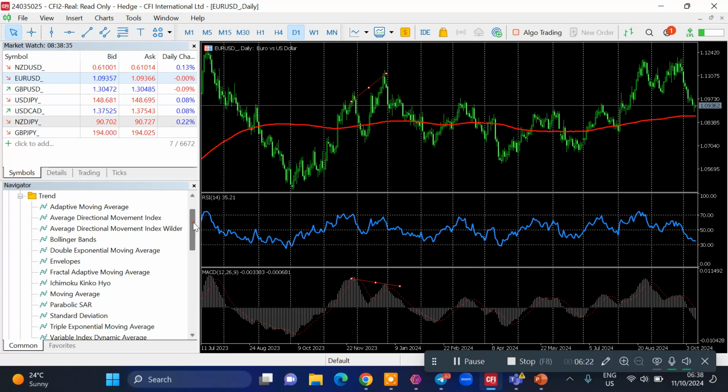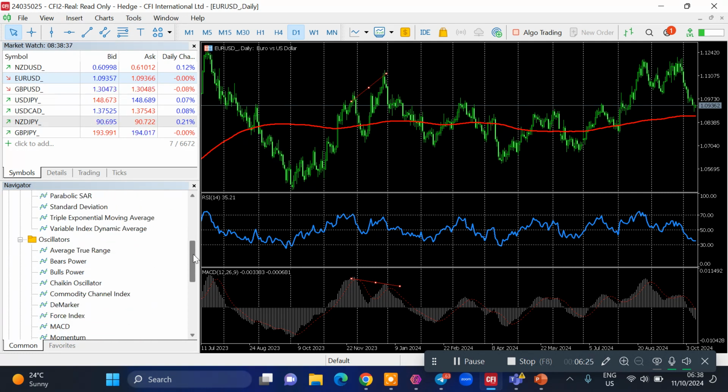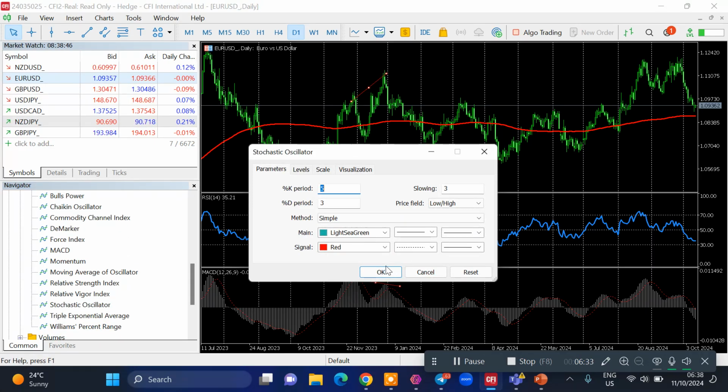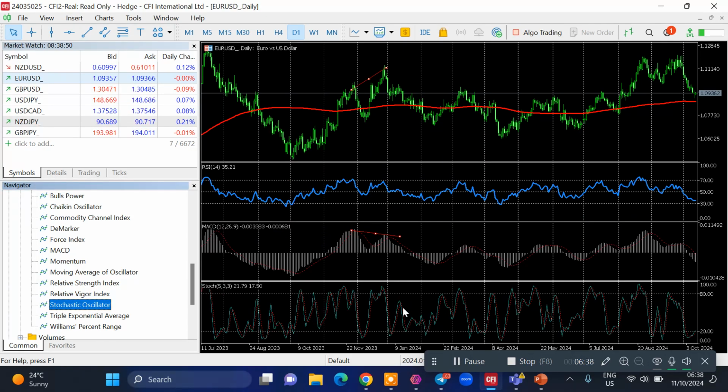Another one that we are going to discuss is the stochastic oscillator. That's another oscillator, and stochastic is another popular one. Here it is, this is what it looks like. If you reset this, you would see two lines, a red and a blue line. The red one is the signal line, and the blue one is the main stochastic line. You see that the overbought and oversold regions here are 80 and 20.